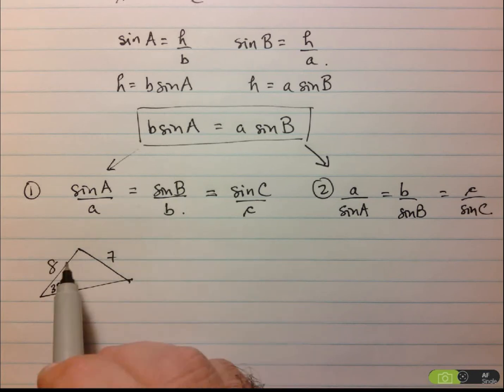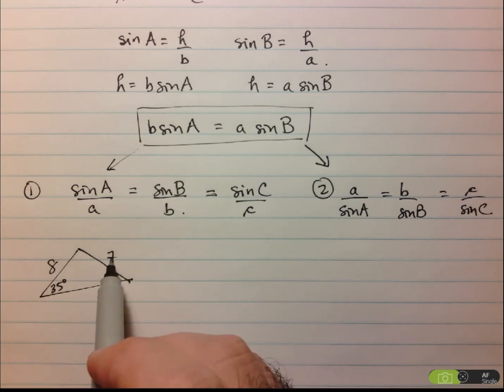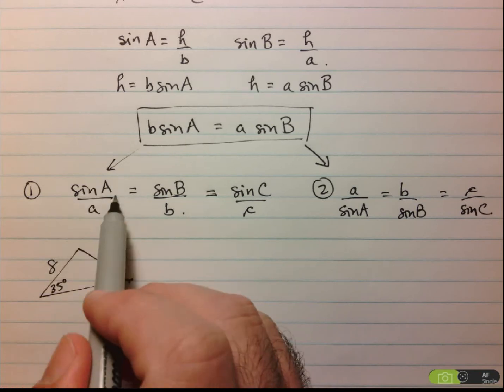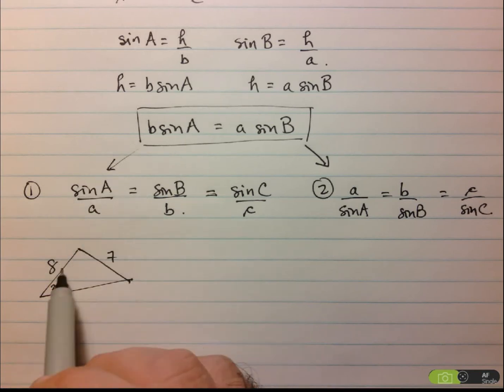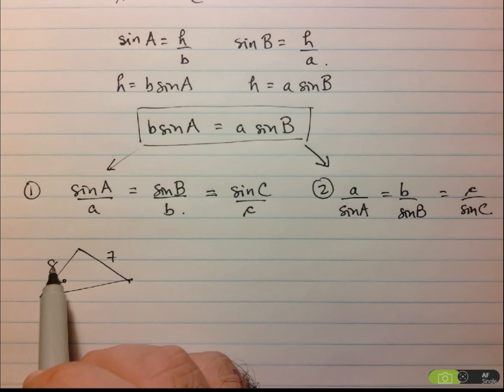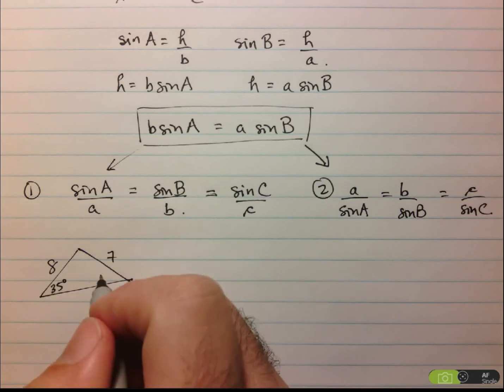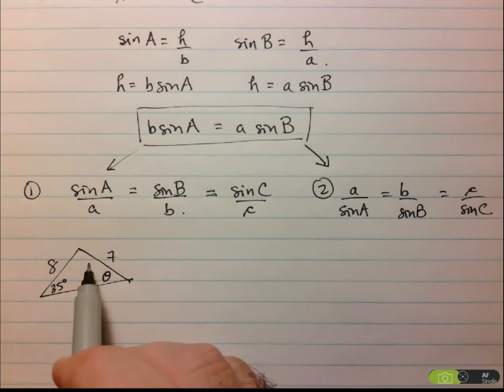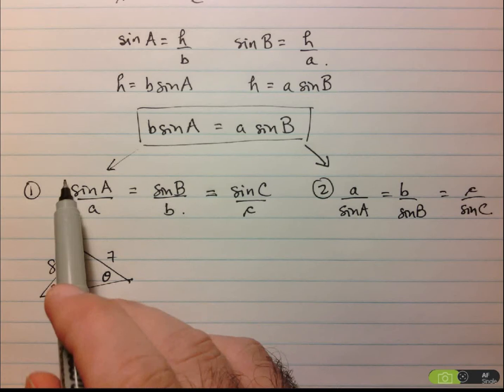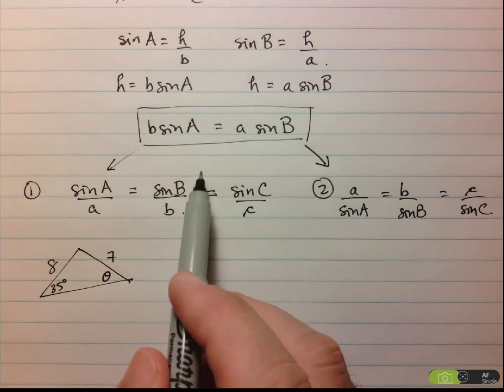I know angle 35 degrees and its opposite side of 7, so I could fill out the left side of this equation, and I know side length 8. I could determine its opposite angle. So let's take this version of the equation.